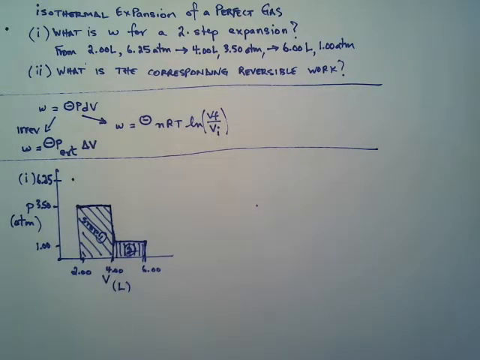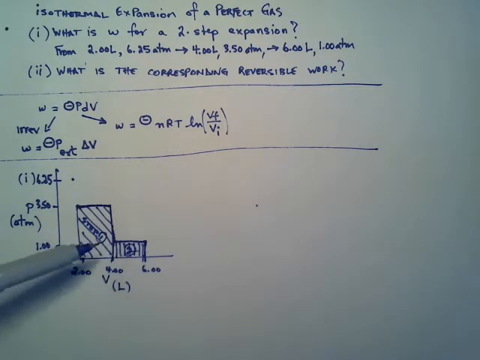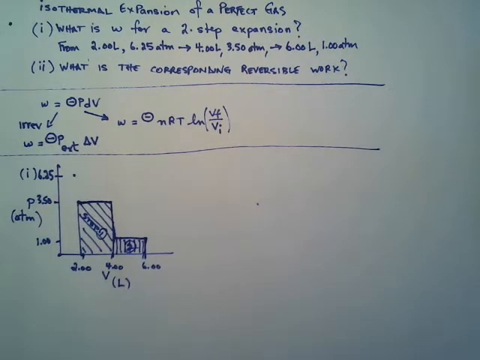So do you see that it's really mapping out the area of the rectangle of dimensions P external delta V? And then the work of the second step is the area of the rectangle, and therefore P delta V. And I'm going to add those two works together, if I can use that as a plural.